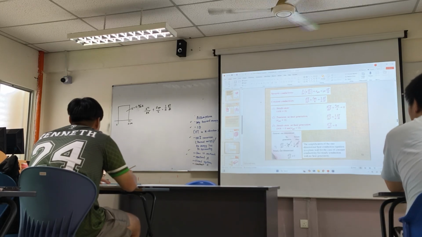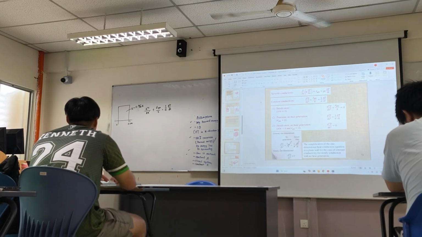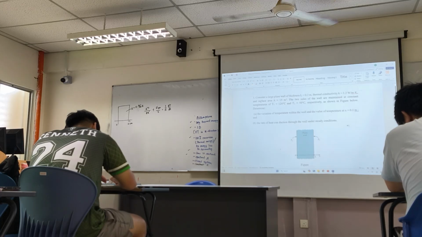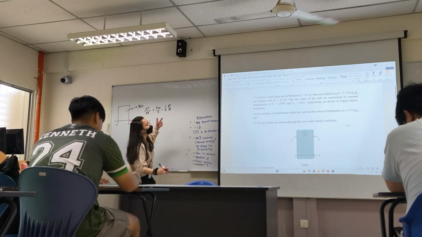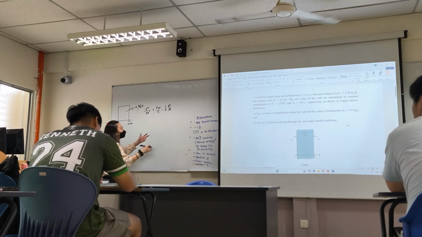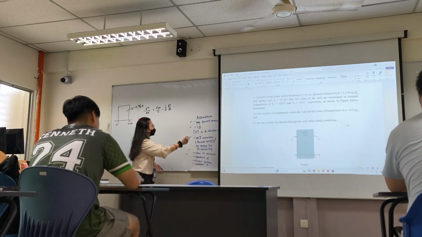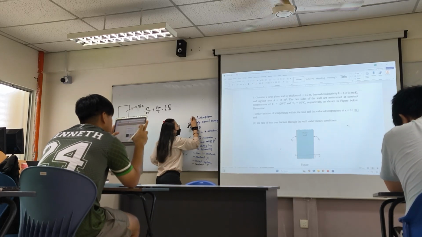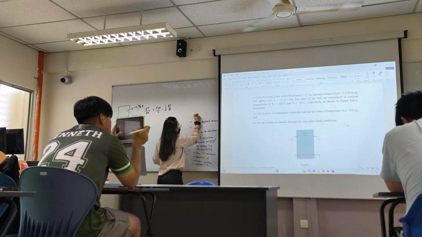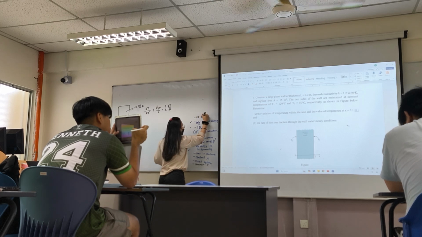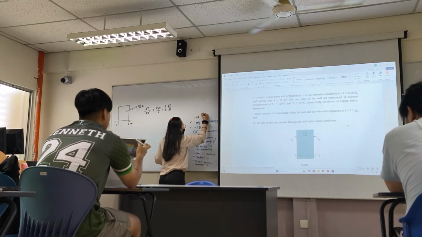Okay, so these questions I think they are very good. The question also mentions there is no egen. So here another assumption, you add in no egen, no heat generation.